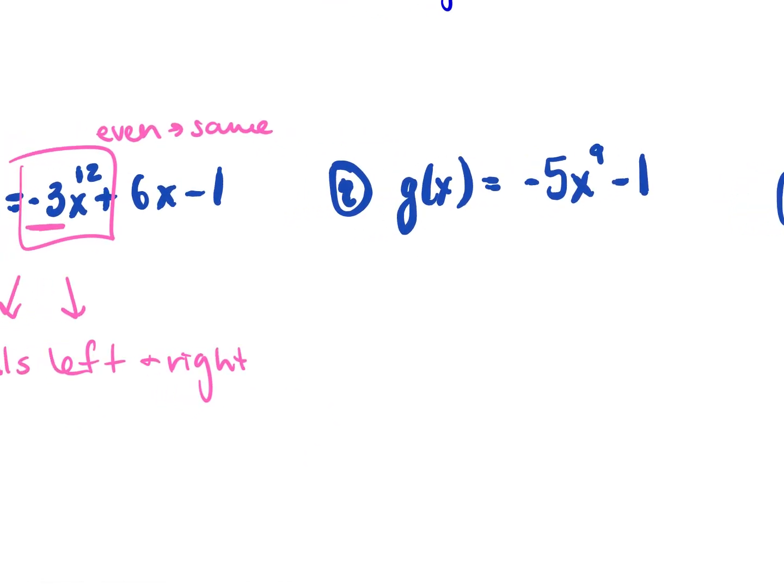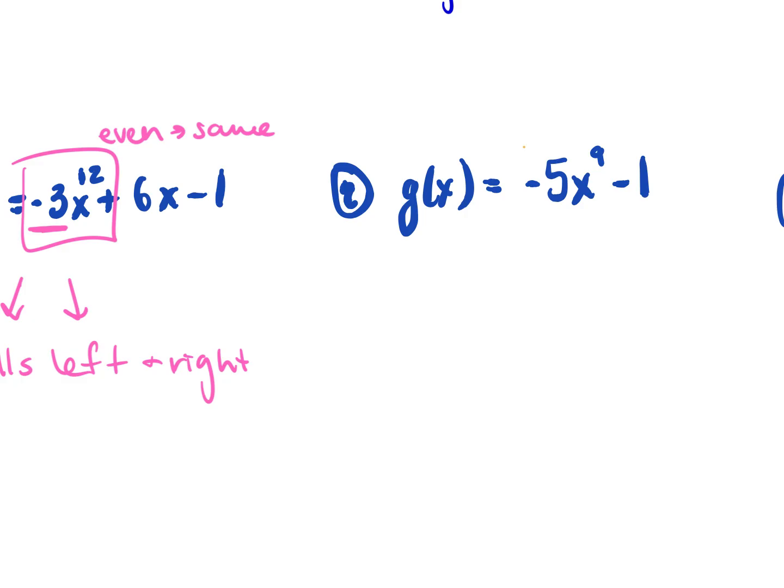Let's look at number 2. Our highest degree term is negative 5x to the 9th power. Is 9 even or odd? Odd. 9 is odd. So are they going to go in the same direction or opposite directions? Opposite. Our leading coefficient's negative.